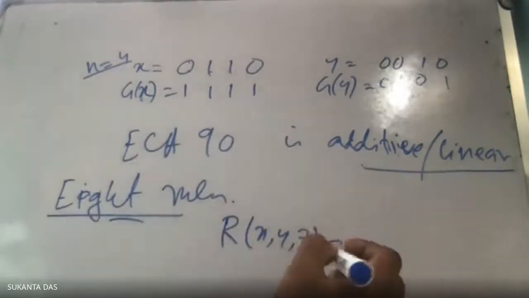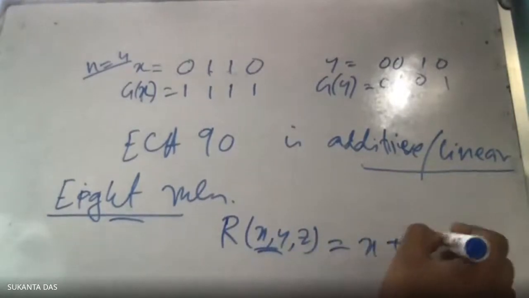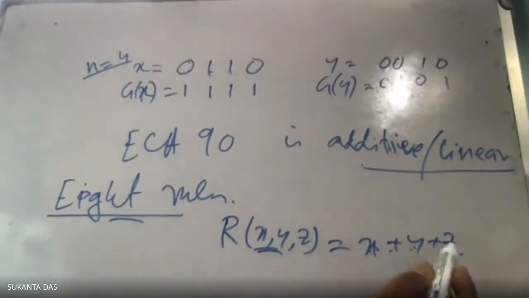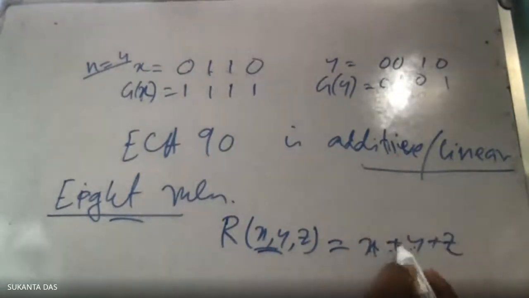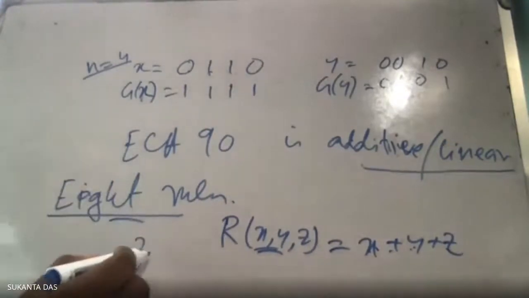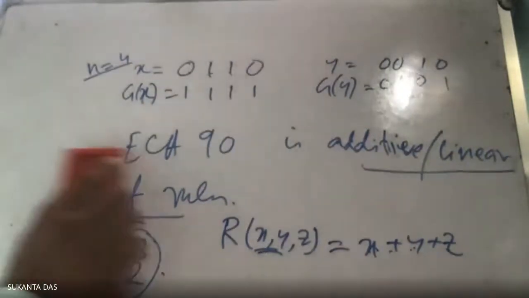Additivity says it will be x plus y plus z, or sometimes I can get x plus y, or x plus z. So how many options can I get? 2 to the power 3, so I can get 2 to the power 3 rules as linear rules. In case of ECA, only 8 rules are linear, like rule 0, rule 90, rule 60, rule 150. These are the linear rules.